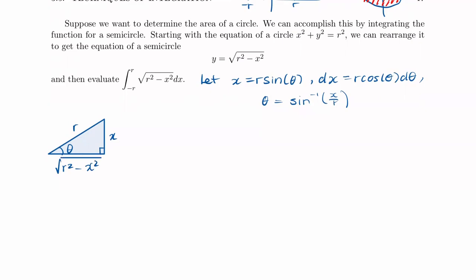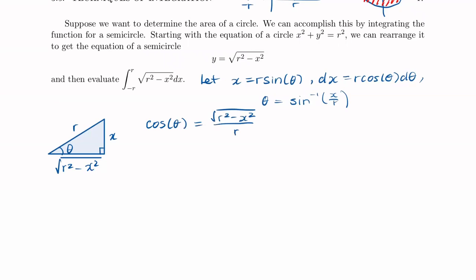Right? Okay. So if we have a look at the right angle triangle, we can conclude that cos theta is simply going to be the adjacent, which is the square root of r squared minus x squared, divided by the r.